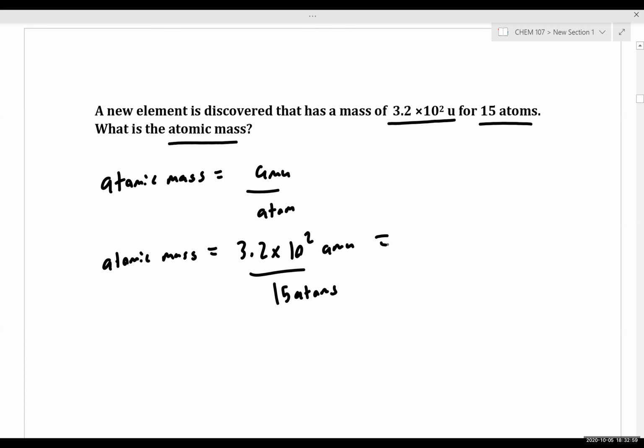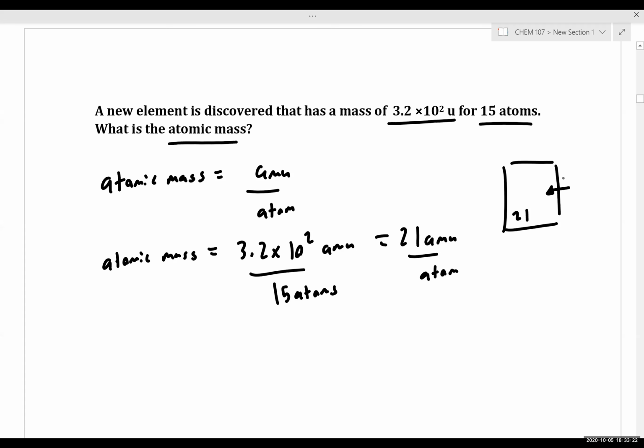So punching this into our calculator, we have 320 over 15, and that gives us a mass of 21 AMU per atom. And what element has a mass of 21 AMU per atom?